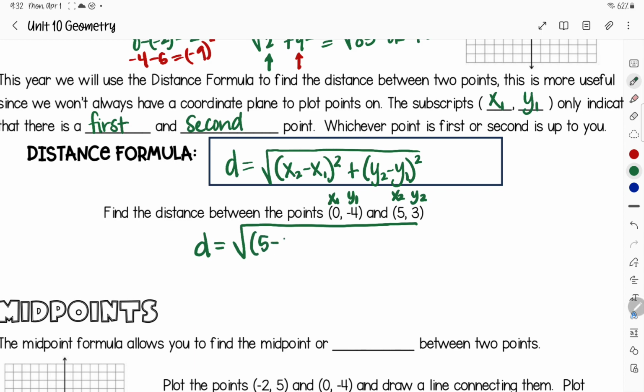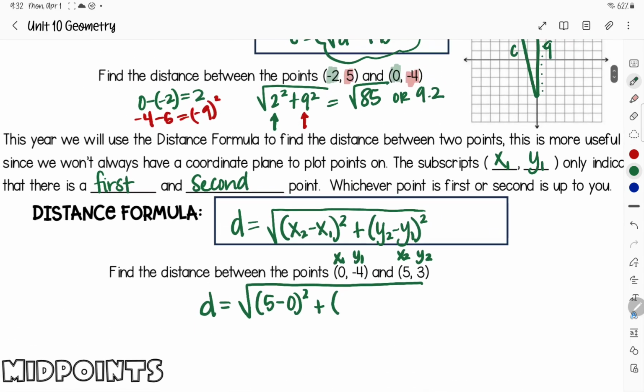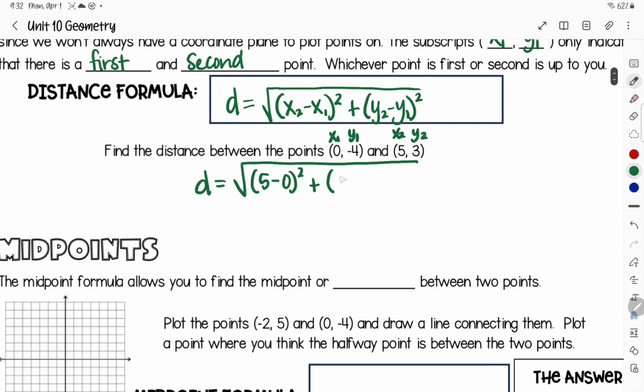Minus x1 is 0, and that's going to be squared, plus y2 is 3, minus y1, which is negative 4, and that's going to be squared. So I'm going to just write this real quick on another piece of paper so I can flip over to my calculator.